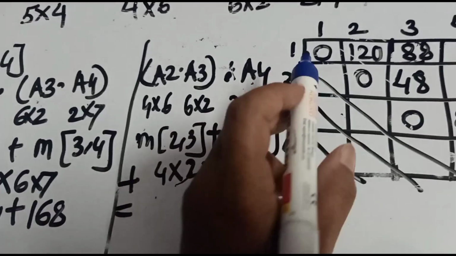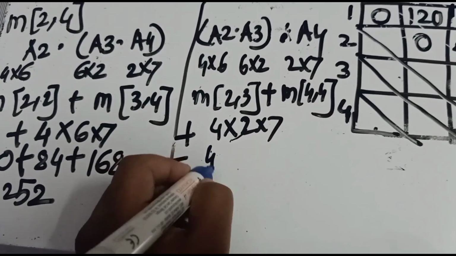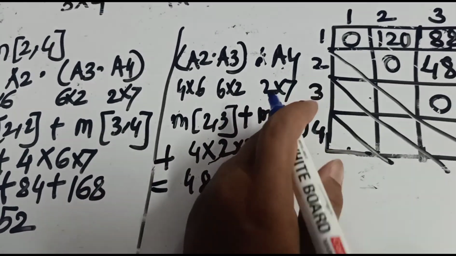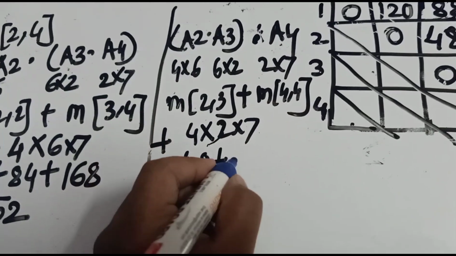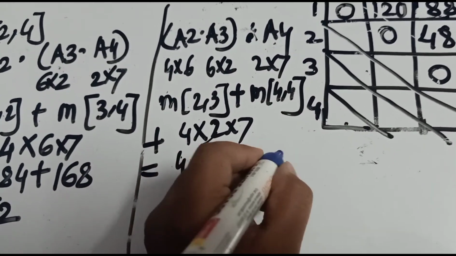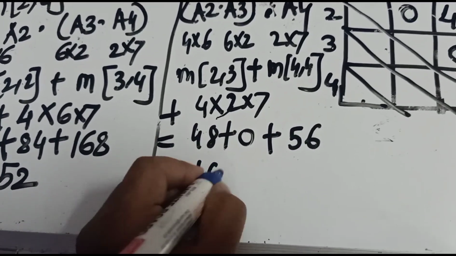M of 2 comma 3 we already have in our table, it is 48, plus M of 4 comma 4, which is 0, plus the multiplication 56, and we get the answer 104.